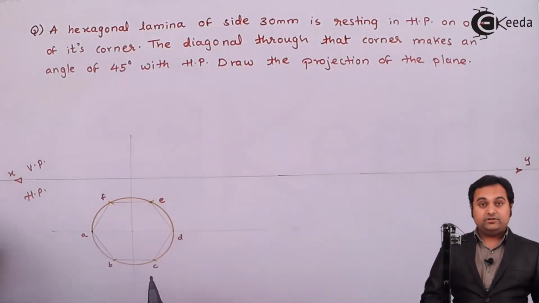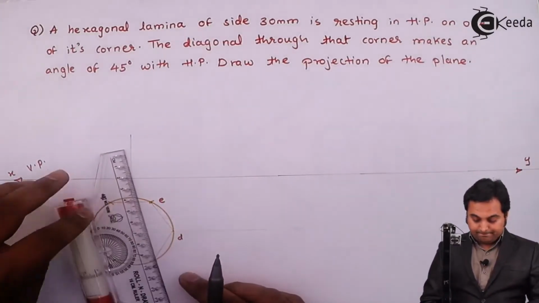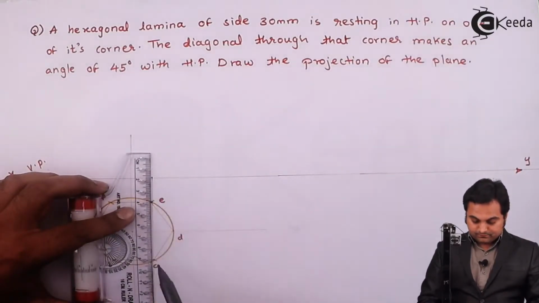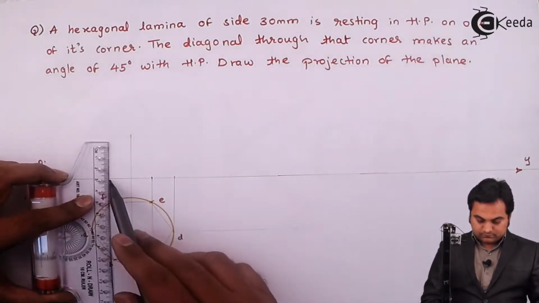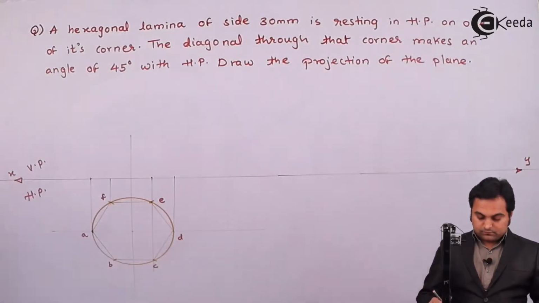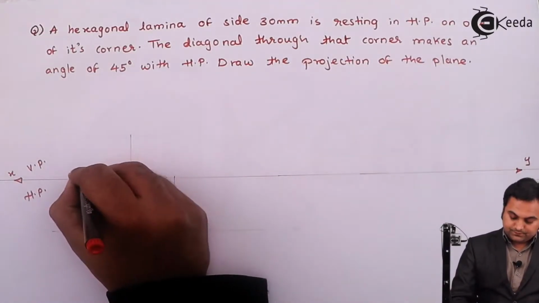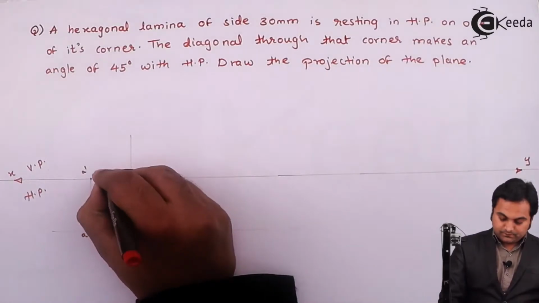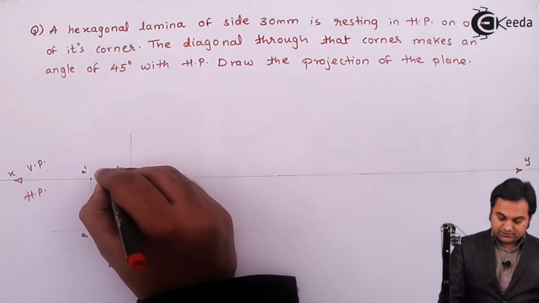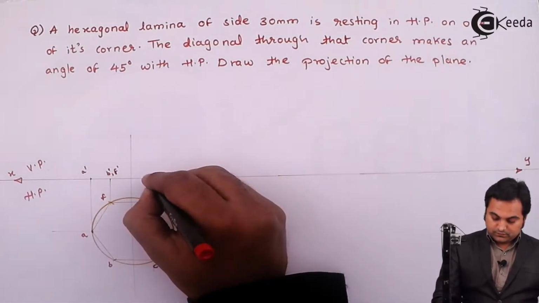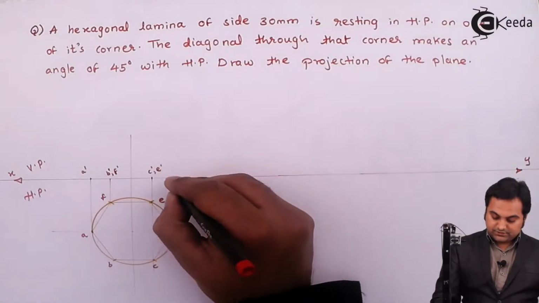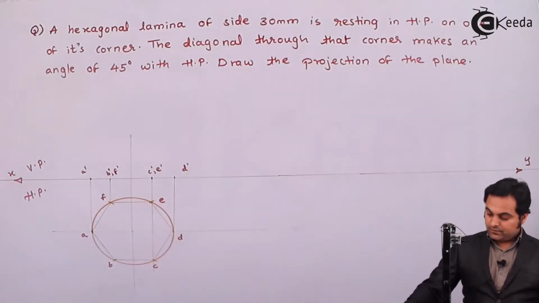Then in the front, it will be appearing as a line. These are the points: A dash, B dash, F dash, next C dash, E dash, and at last D dash.